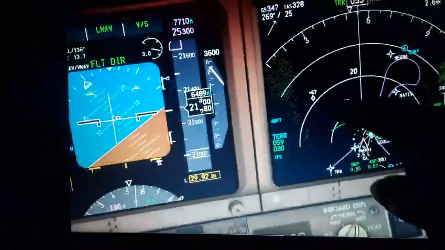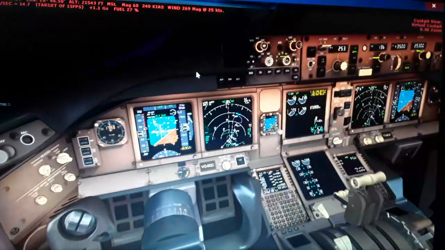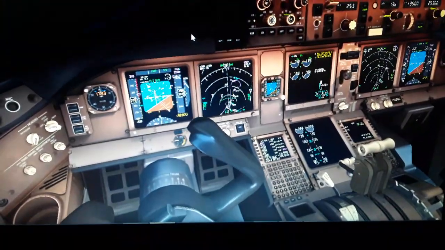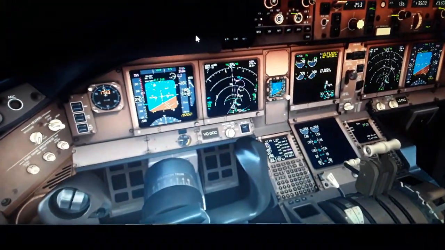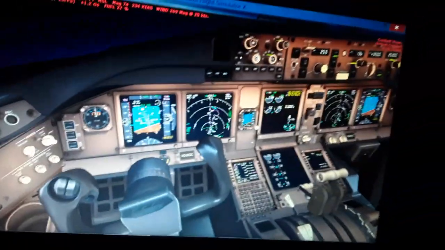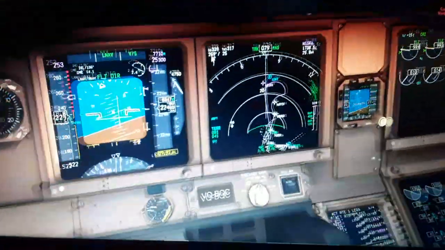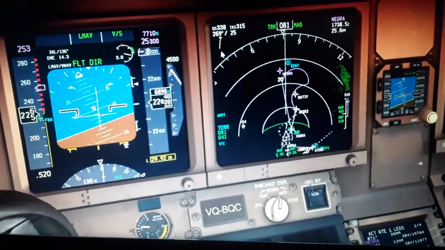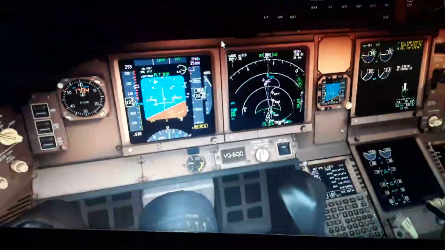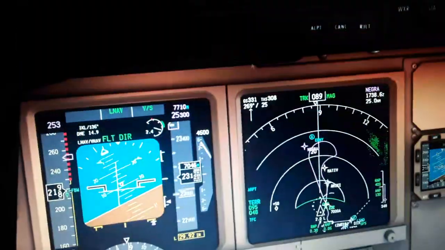So you can see some aircraft, like two of them, flying around us. 31,000. 32,000. So we have the next waypoint now.